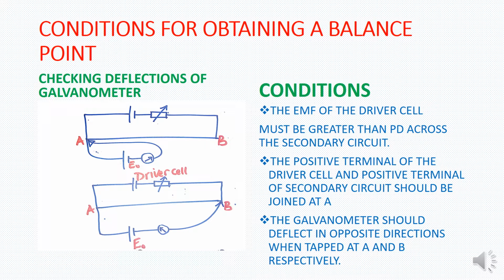Secondly, the positive terminal of this circuit should be connected to point A, at the same point where we have the positive terminal of the driver cell connected. Then another condition is that if you place the jockey at point A, the galvanometer will deflect in one direction, and when you place it at point B, as shown in the second diagram, the galvanometer deflects in the opposite direction. So basically, those are the conditions that show that the circuit is well connected and that there is a balance point that you will obtain somewhere between the two extreme ends.